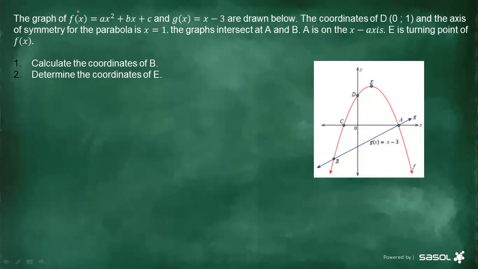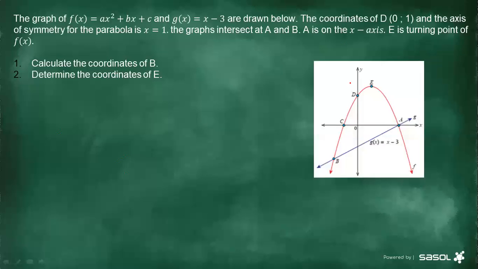The graphs of f of x equals a x squared plus bx plus c and g of x equals x minus 3 are drawn below. The coordinate of D is (0, 1), and the axis of symmetry of the parabola is x equals 1. The graphs intersect at A and B. A is on the x-axis, E is the turning point of f of x.